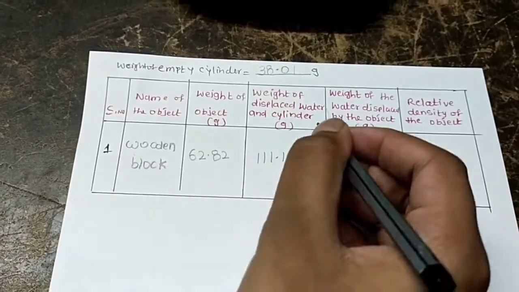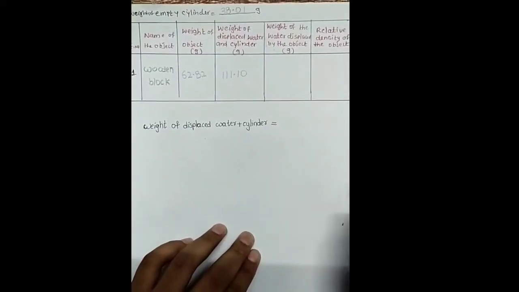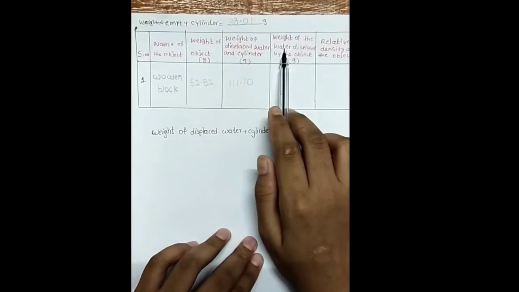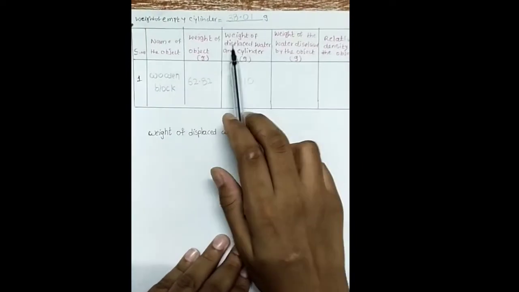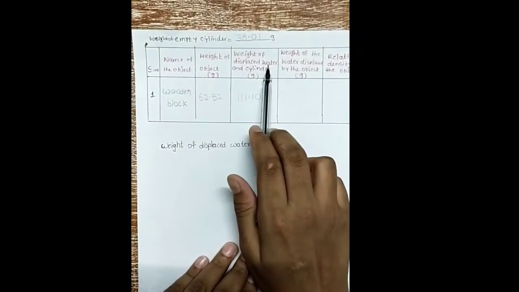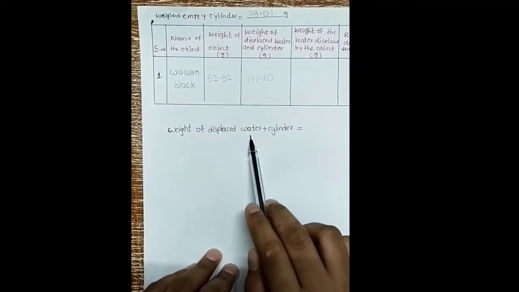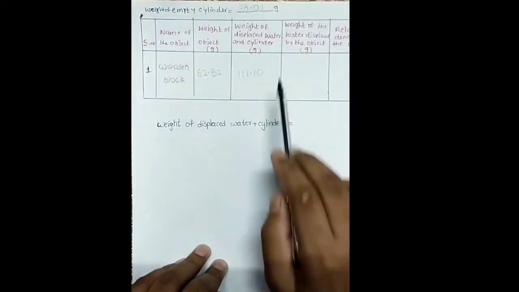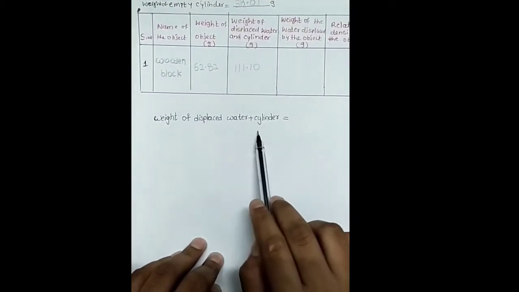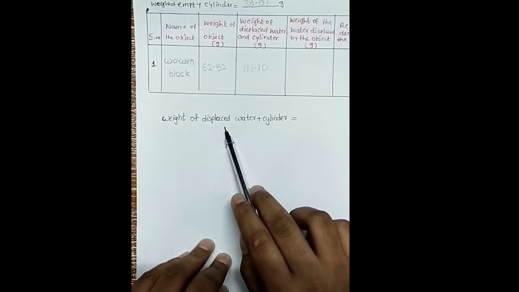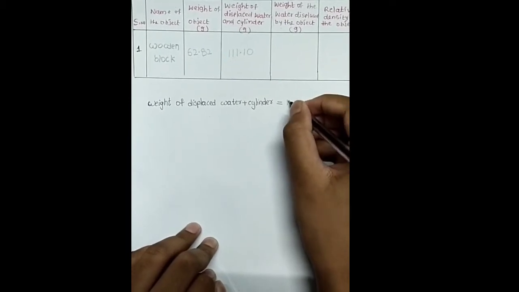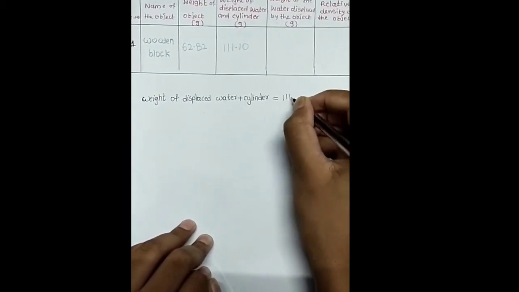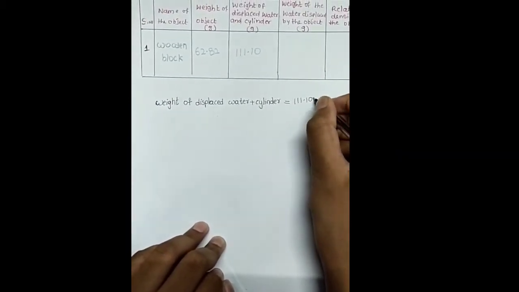Friends, now we will find the weight of the water displaced by the object. For this, the value of the weight of displaced water plus cylinder is 111.10 grams.